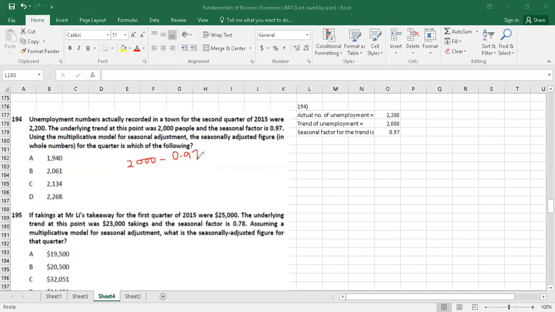So we need to adjust the seasonal trend. After that, we need to find out using the multiplicative model.